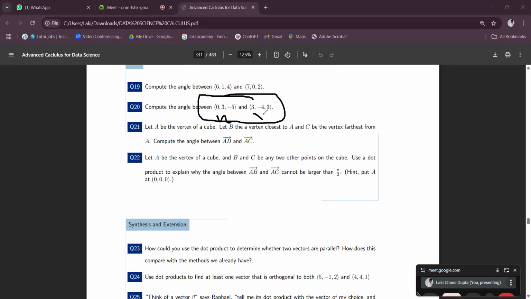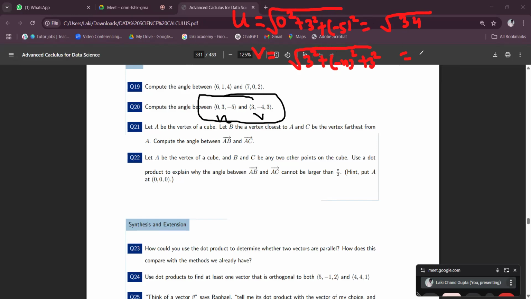So this is u and this is v, right? This is mod u and mod v, right?